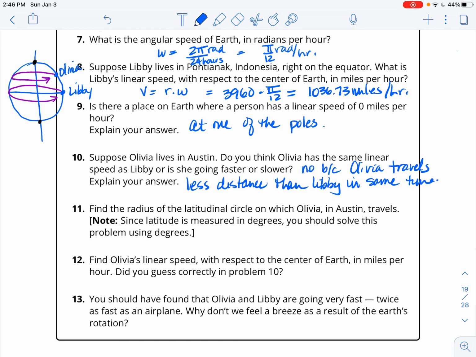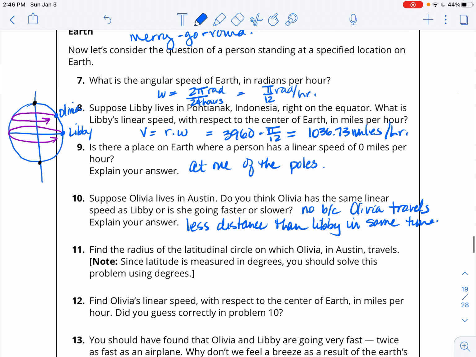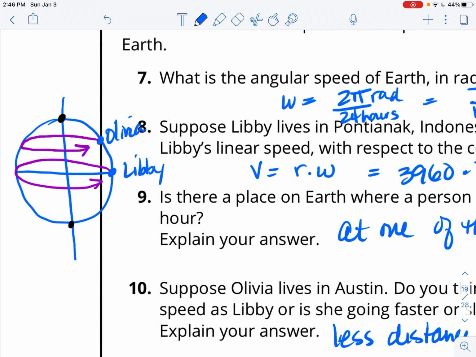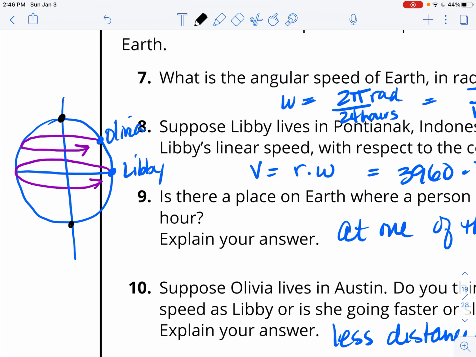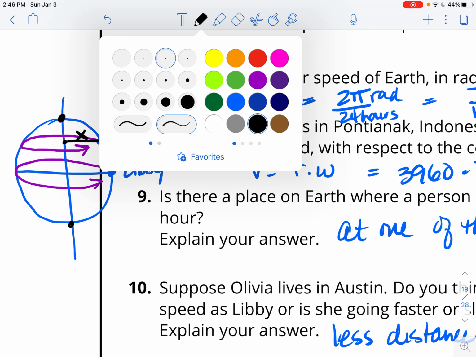Question 11, find the radius of the latitudinal circle on which Olivia in Austin travels. Okay, so we want to find the radius of the circle that Olivia travels. All right, so that's this guy right here. This is going to be my x. So let's use what we've been given.